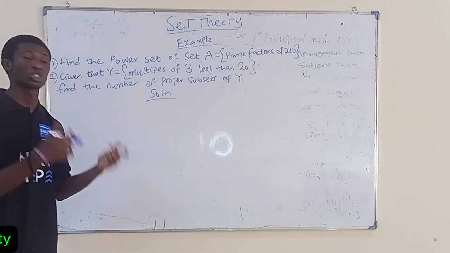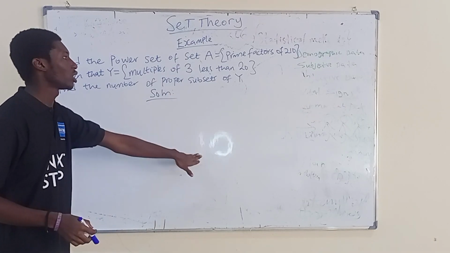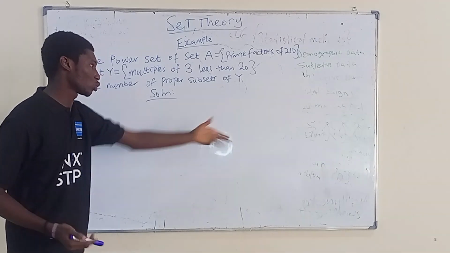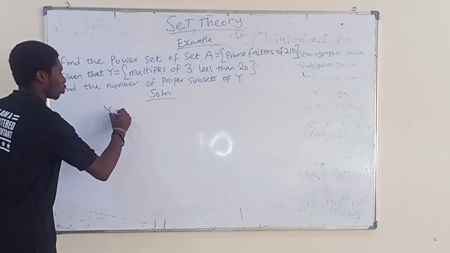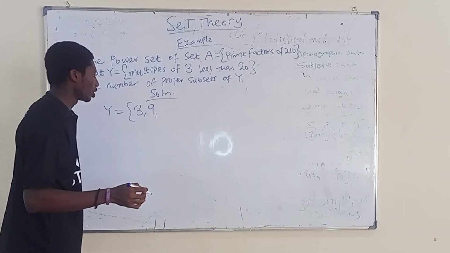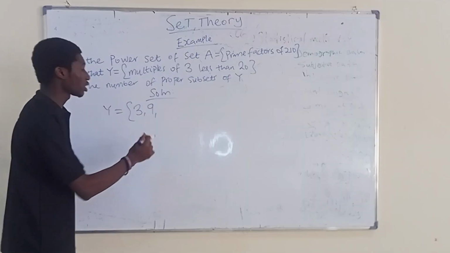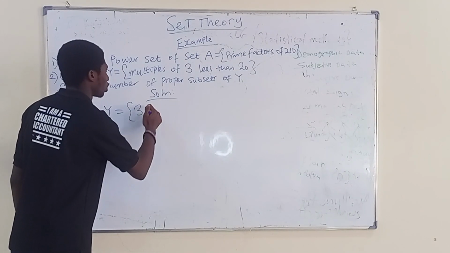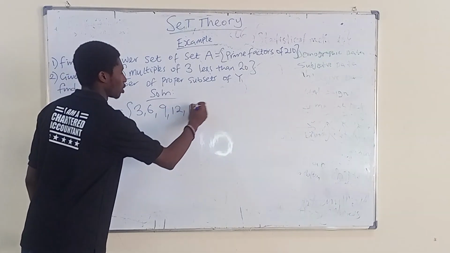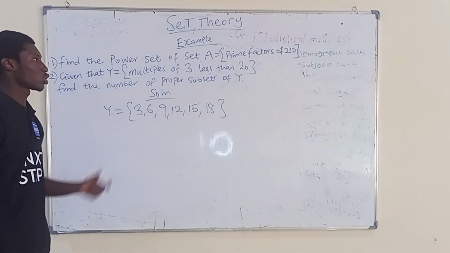If you know your multiplication table, just go through it and see the numbers that are multiples of 3 and are less than 20. 3 times 1 is 3. 3 times 2 is 6. 3 times 3 is 9. 3 times 4 is 12. 3 times 5 is 15. 3 times 6 is 18. And this is where we stop. So this is the set Y.